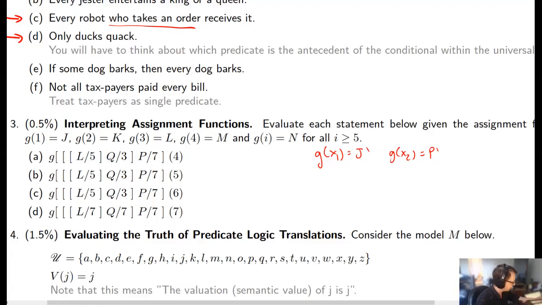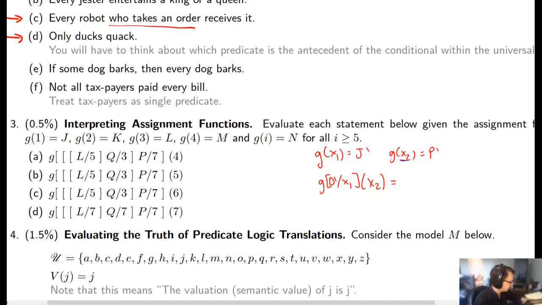And I could do a replacement and say, okay, I want to take x1 and replace it with, say, d prime. After that replacement, I could ask myself, what is x2? After replacing x1 with d prime, what is x2?